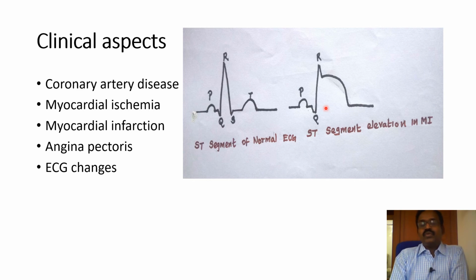If you treat the patients within the crucial, life-saving time of half an hour to 1 hour, and lyse the clot within the coronary vessels, we can save most of the patients. So you should know the change in myocardial infarction is ST segment elevation. You should not forget. Myocardial ischemia mostly produces T-wave inversion.